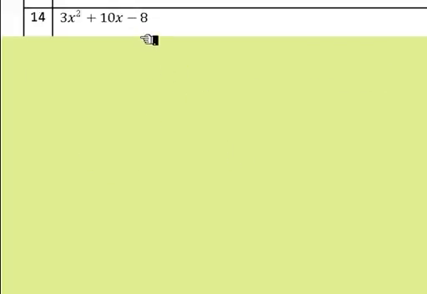Here again, we have an example with the last term, the c term, less than 0. So we're going to put down our parentheses and fill in with different signs. Now for the first times the first, here we have 3x squared, so I'll fill that in with 3x and x.